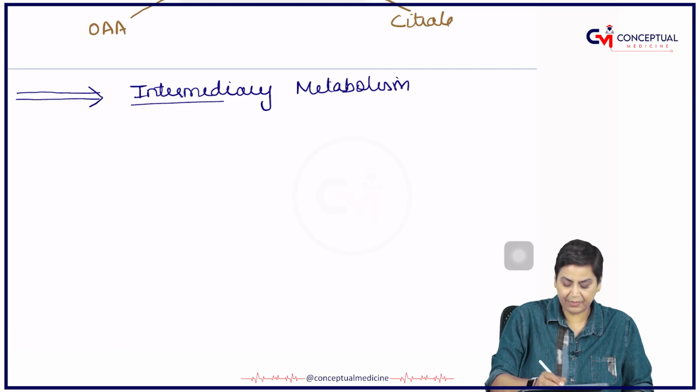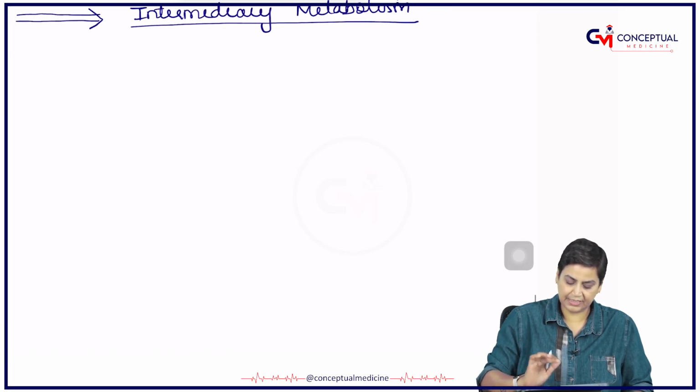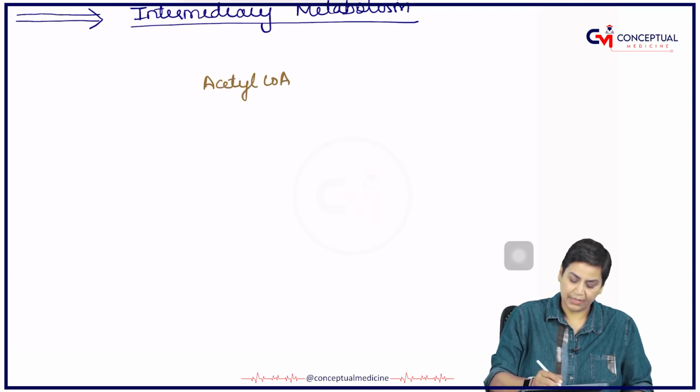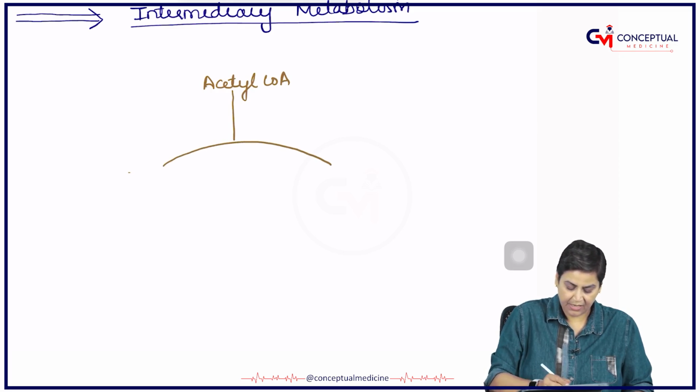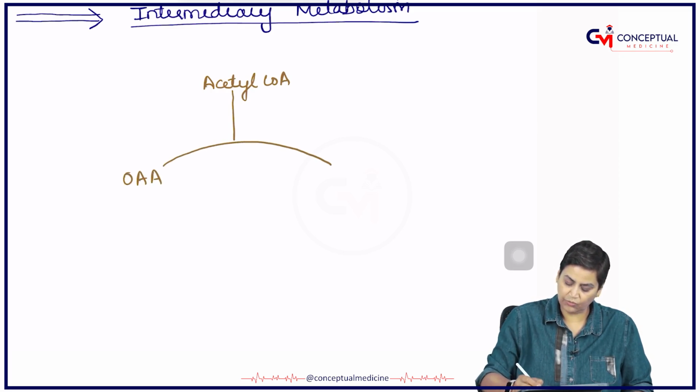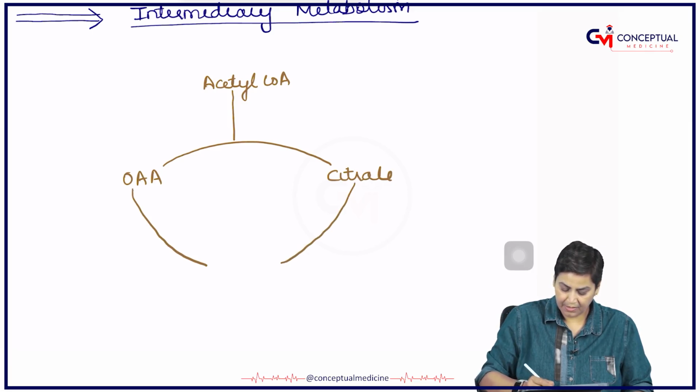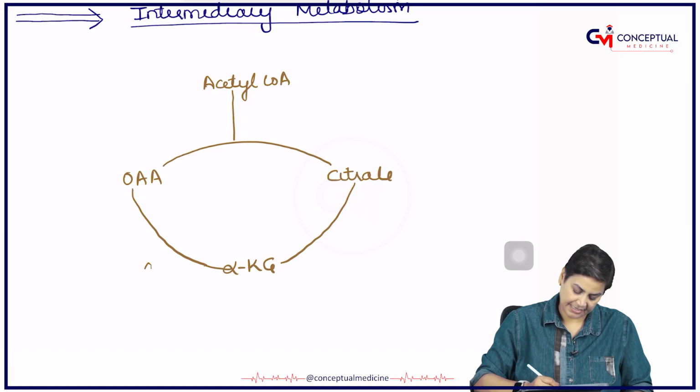So what is happening here is, now we say that this is acetyl coenzyme A. This acetyl coenzyme A is combining with oxaloacetate to form citrate. And here we can say that the chief intermediate is alpha-ketoglutarate and here succinate is there.